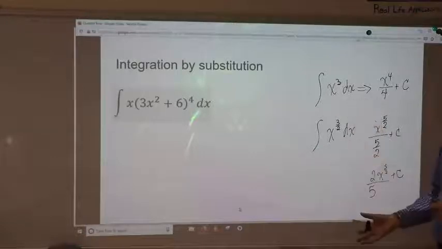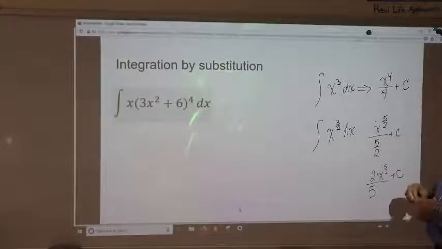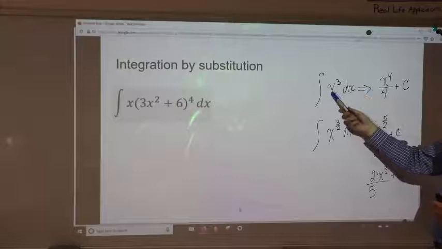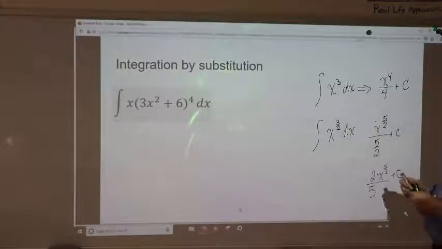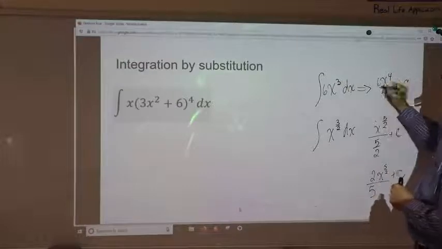But I would expect that you can do this all day long if I give you just a variable to an exponent. I could throw a 6 in front of this and we just keep the 6.